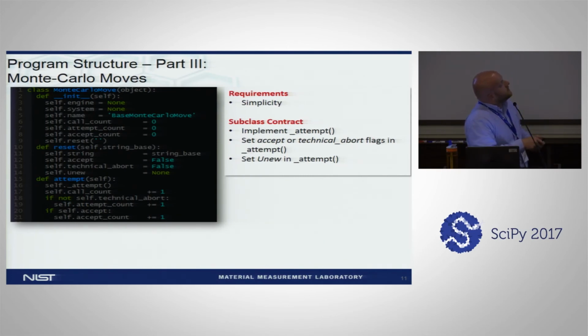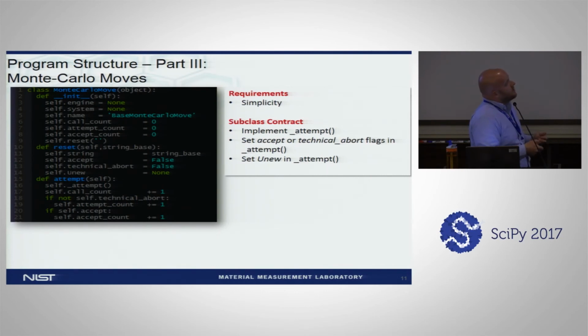In TypeISIM, the only things that a subclass of Monte Carlo move needs to do is implement an attempt function, and in the attempt function, set three things: the accept flag, the abort flag, and the unew flag, which is just the potential energy of the new state if it was accepted.